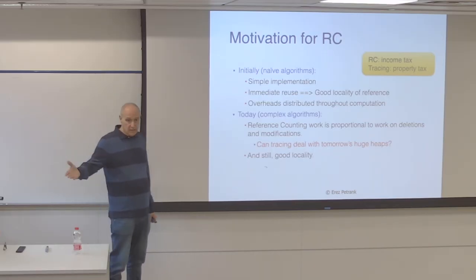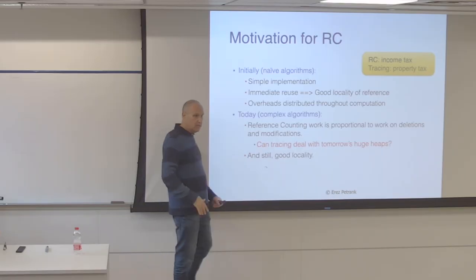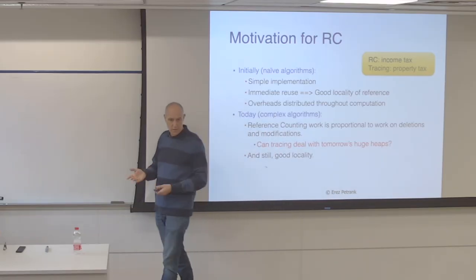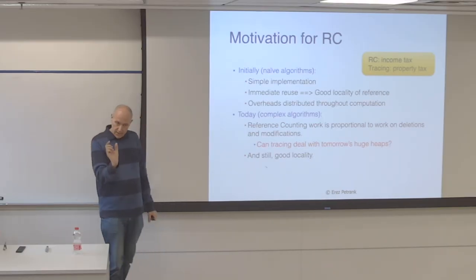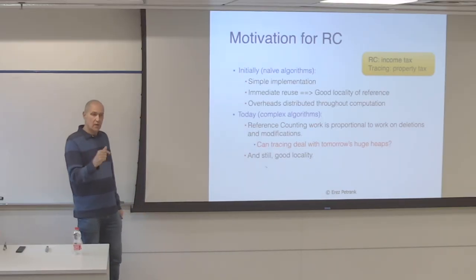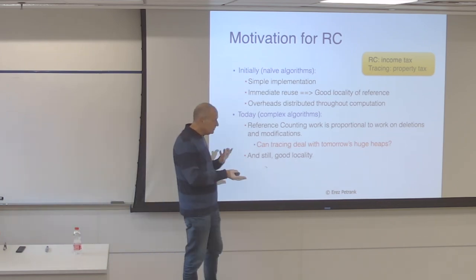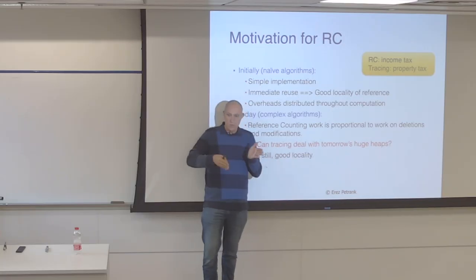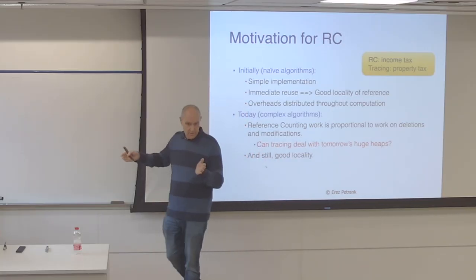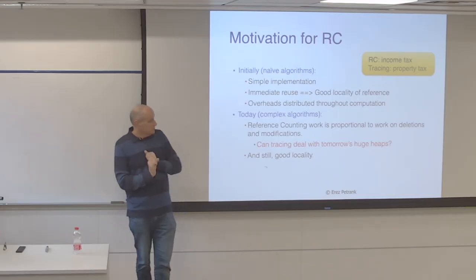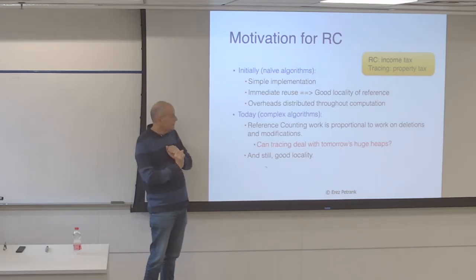Then you allocate a bit and then you reclaim. And now when you reclaim, you don't want to go through your entire space. You want to just pay for the little work that you did before you needed to reclaim again. So in modern uses, sometimes you collect many times, and in these cases, reference counting will do a lot better than tracing.